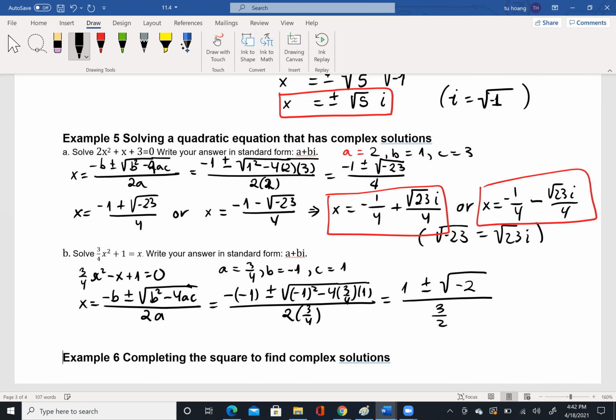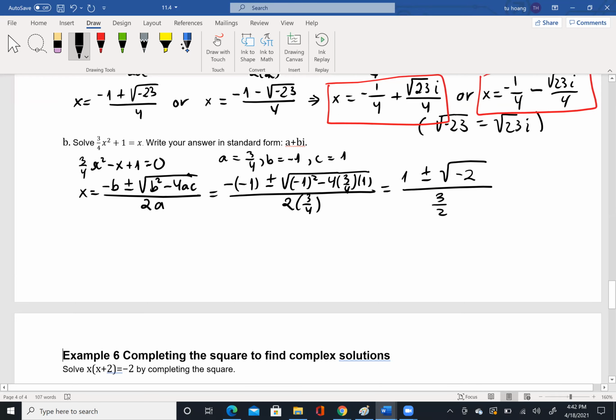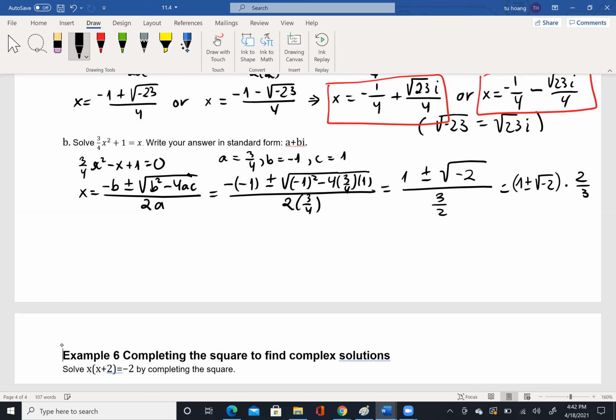Okay, so I have to move this one out. I can rewrite this as 1 plus or minus the square root of negative 2, divided by 3 halves, which is equal to multiplying by 2 over 3.